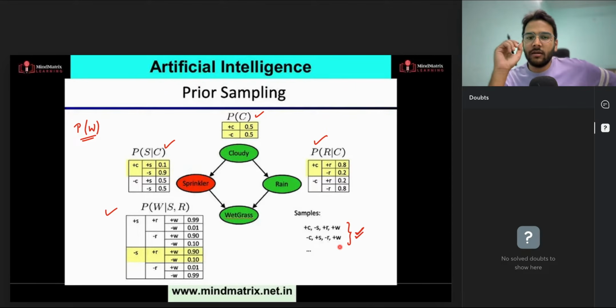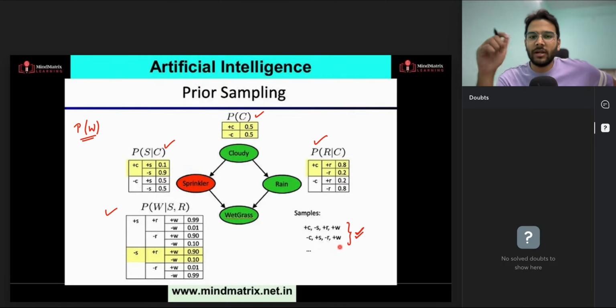Understand this thing. Before this slide, we haven't talked about finding the probability when we have a certain set of samples. In the previous lectures on probability, we haven't talked in terms of samples or sampling. We generally compute the probability, which is nothing but the exact probability. Now here, samples are given to us.